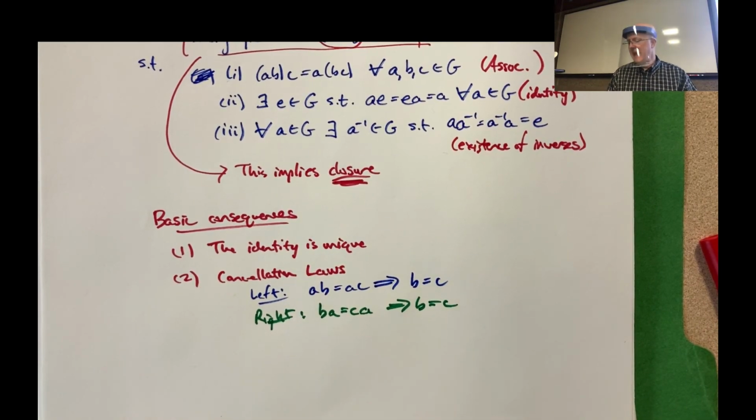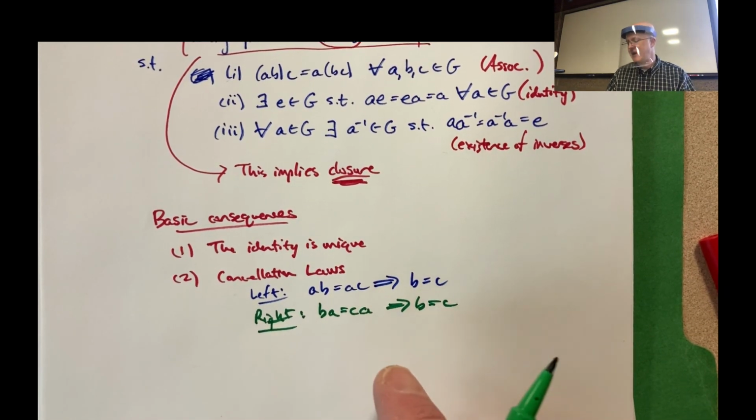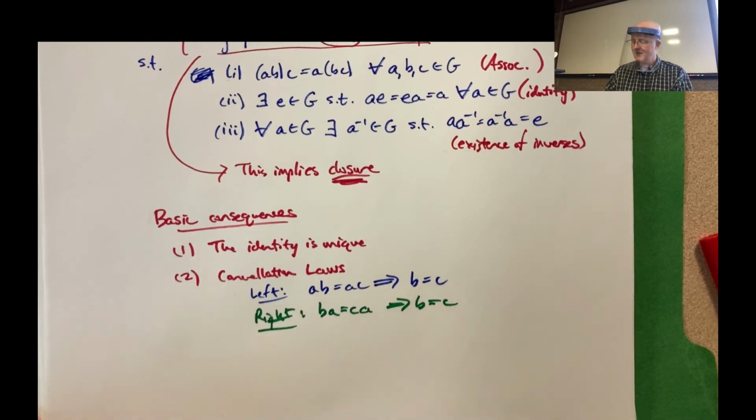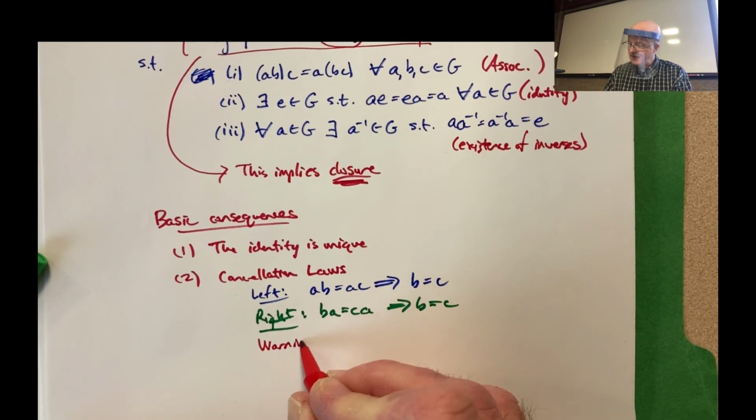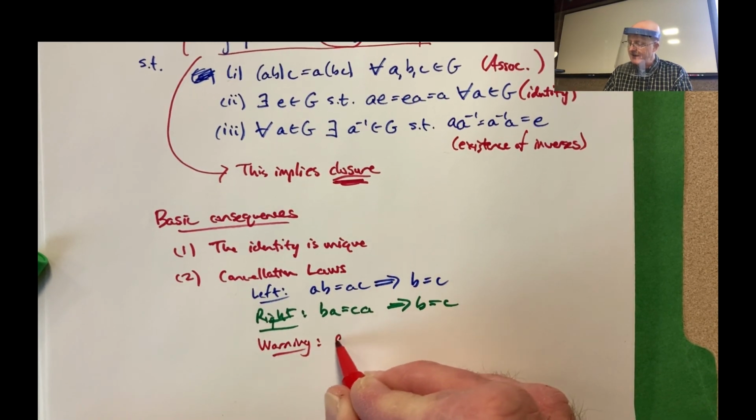But if the A is on the left side of one side of the equation and on the right side of the other side, you can't cancel the A. Warning, this is not a theorem that I'm writing down, it's a warning.